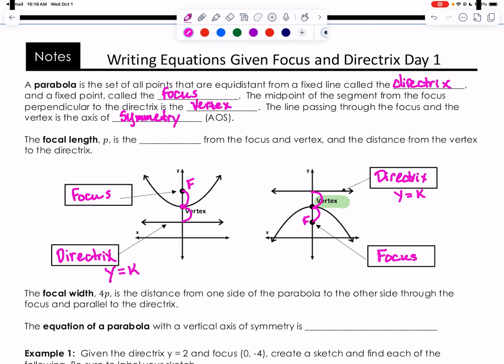Now, the focal length P is the distance from the focus to the vertex, so we could call this P, and the distance from the vertex to the directrix is also P. So they're both P units apart. So over here, if this is P units, this is P units, okay?